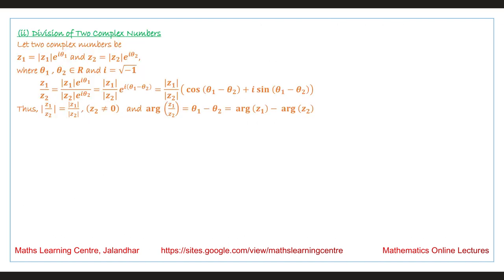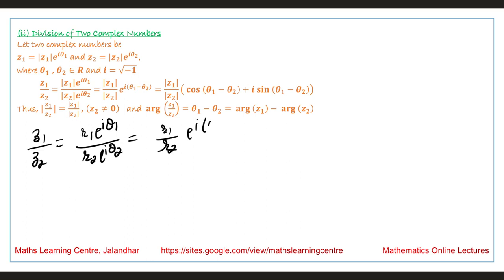Next is division of complex numbers. Similarly, if we consider two complex numbers z1 and z2 such that z2 is not equal to 0, we can write z1 by z2 equal to r1 e raised to the power iota theta 1 divided by r2 e raised to the power iota theta 2. So this is equal to r1 by r2 e raised to the power iota theta 1 minus theta 2. So if we talk about the modulus of z1 by z2, we get it is equal to r1 by r2.